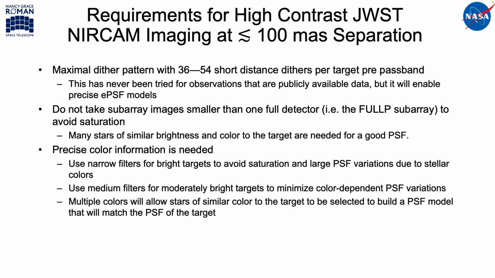One of the reasons is that we want to build a good PSF model. The filters I just showed on the previous page are all wide filters. That means different stars with different colors will have different shaped PSFs, particularly since at most of those wavelengths it's undersampled. So you really want to build PSFs from stars of the same color.